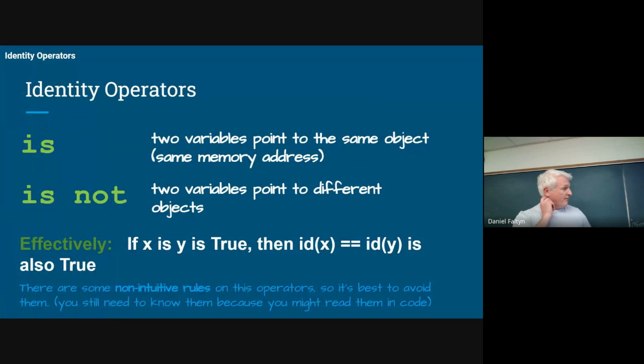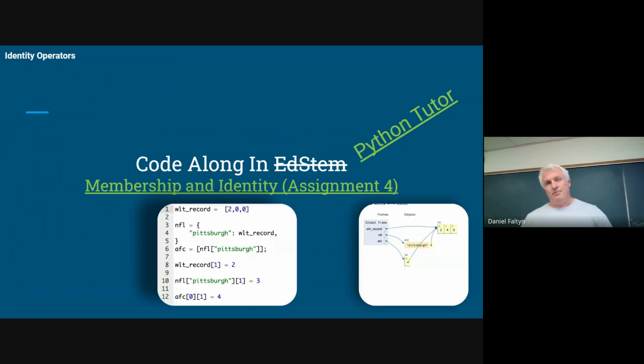So as a reminder, we ended on Friday looking at is and is not, which was similar but totally different from equals equals, right? Where we looked at the memory location of an object.